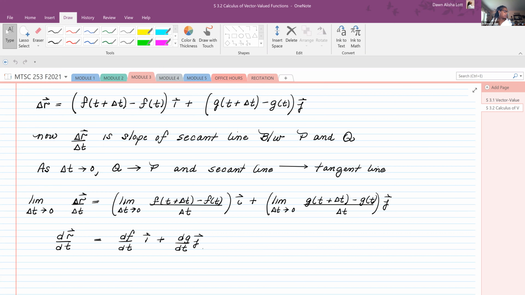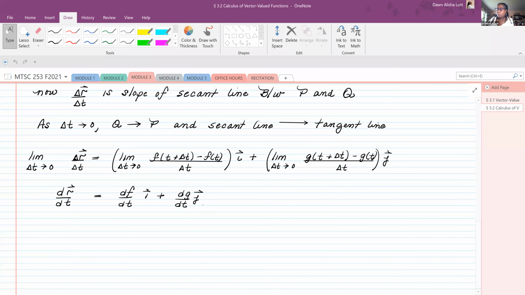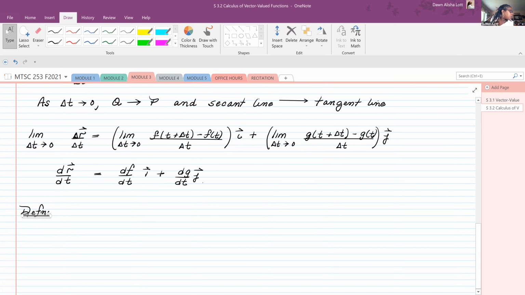So now I can give a definition. And my definition is the vector function, vector valued function, r of t equal to f of t i plus g of t j.